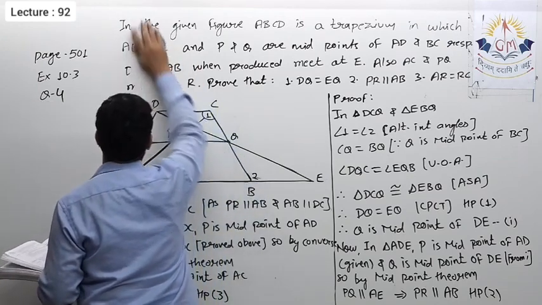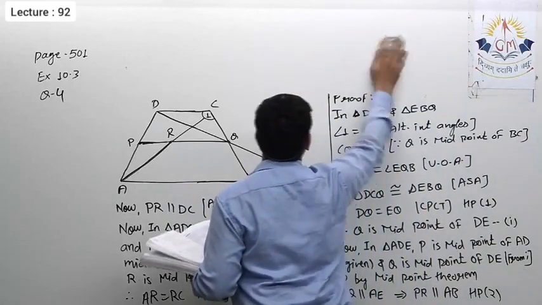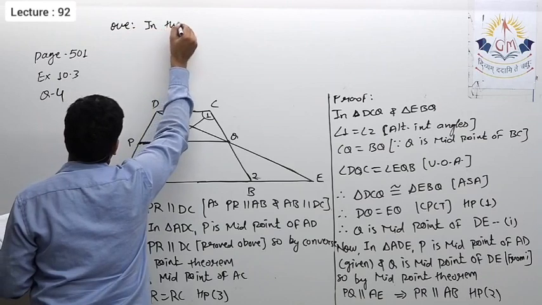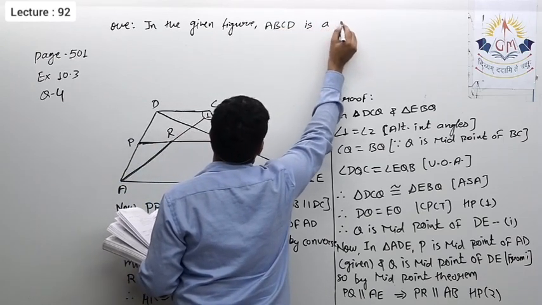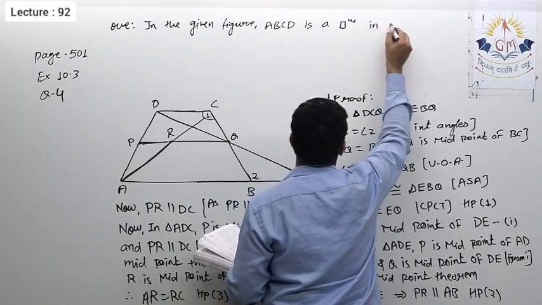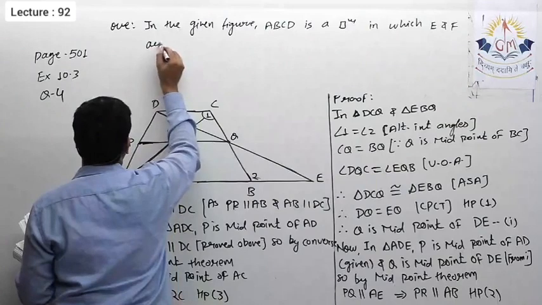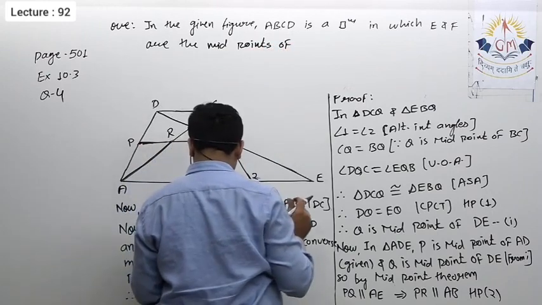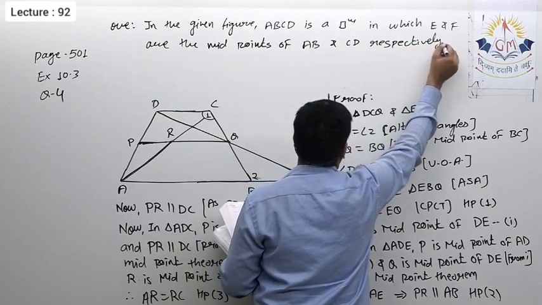In the given figure, ABCD is a parallelogram in which E and F are the midpoints of AB and CD respectively.